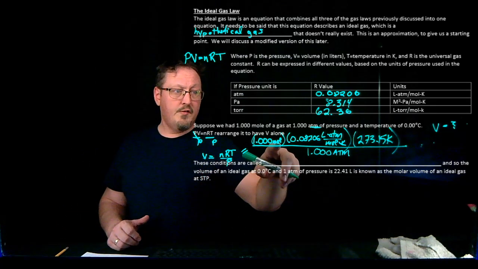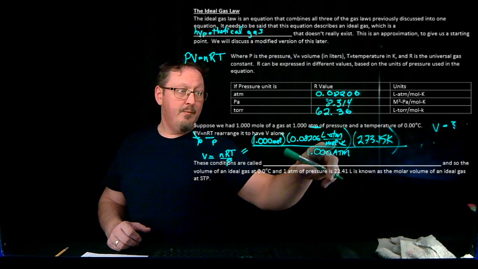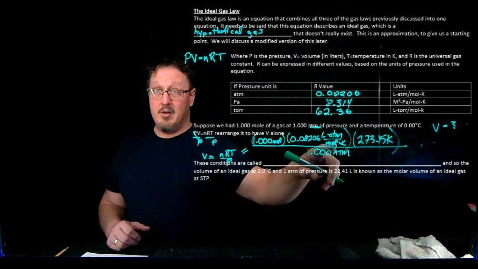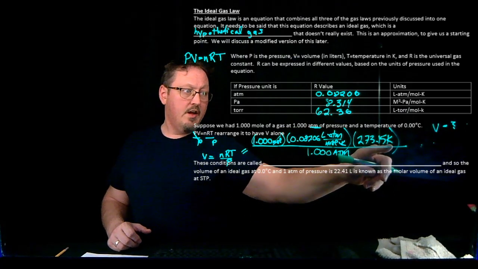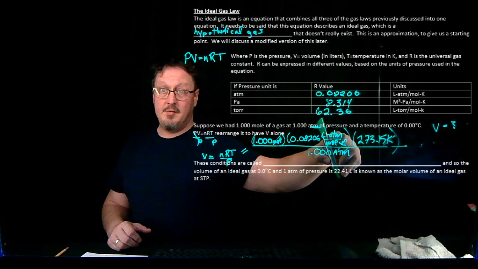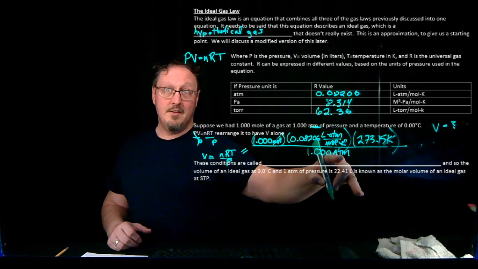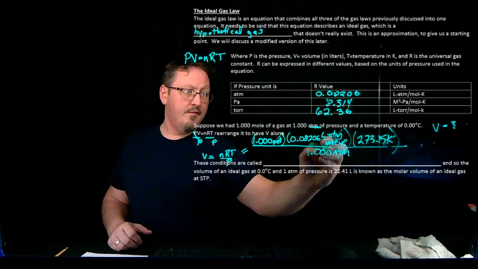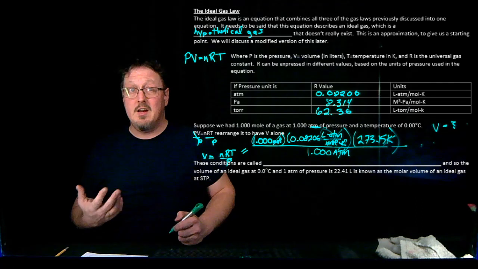Moles are in the denominator of the numerator, so moles cancels. Kelvin, same thing. Atmospheres up top are in the numerator of the numerator, and I'm in the denominator here, so those cancel off. Look at that. Liters is by itself up in the top, so we set it up right.